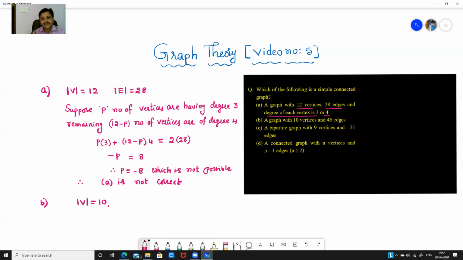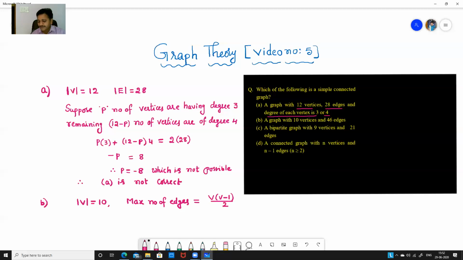A simple connected graph will have the maximum number of edges only if it has a complete graph structure. So with V, the number of vertices, equal to 10, the maximum number of edges possible equals V into V minus 1 by 2.